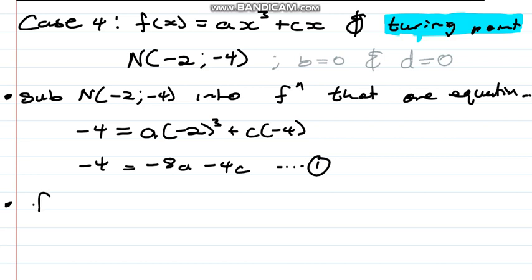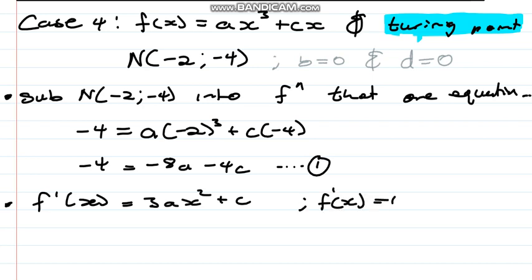To find a turning point, we take a derivative, which would be 3ax squared plus c in this case. We set it equal to 0, right? So we say 3ax squared plus c is equal to 0.